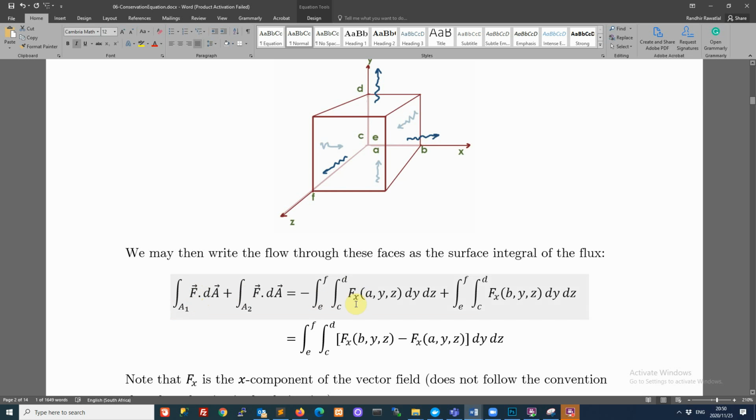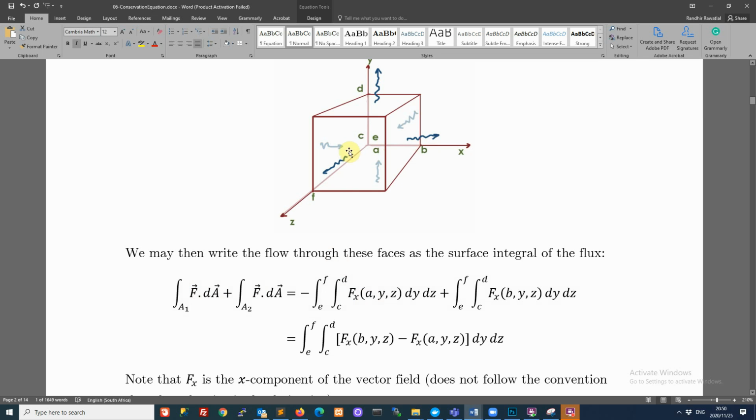So minus the value of f is going to be the product there. And in this case, the f, we've taken just the x component. So we are talking about transfer in the x direction here. So we are just taking the x component of our vector f. So that's fx, and then that will have the x location of a.